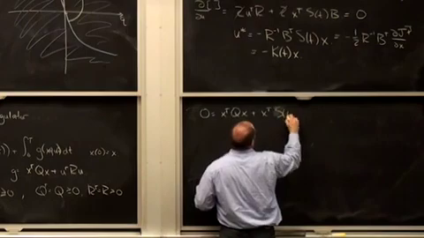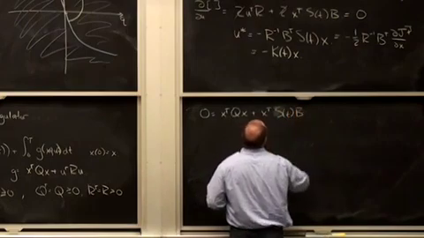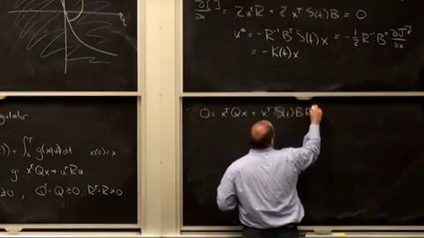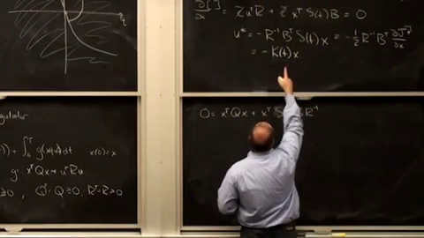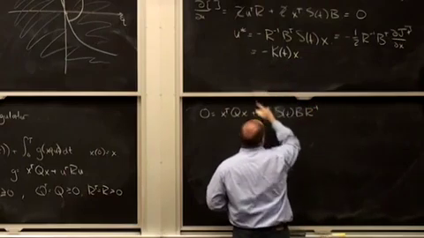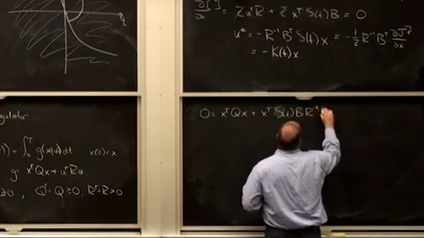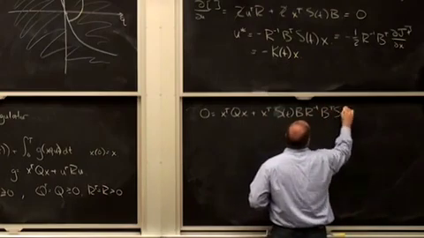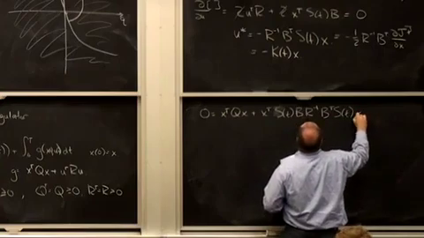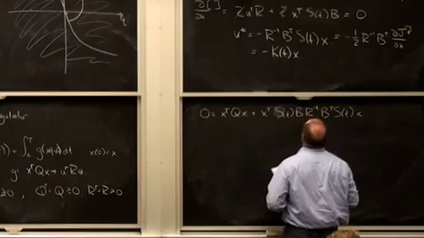S of t, b, r inverse times r inverse. So I'm going to go ahead and cancel those out. B transpose S of t x, right?